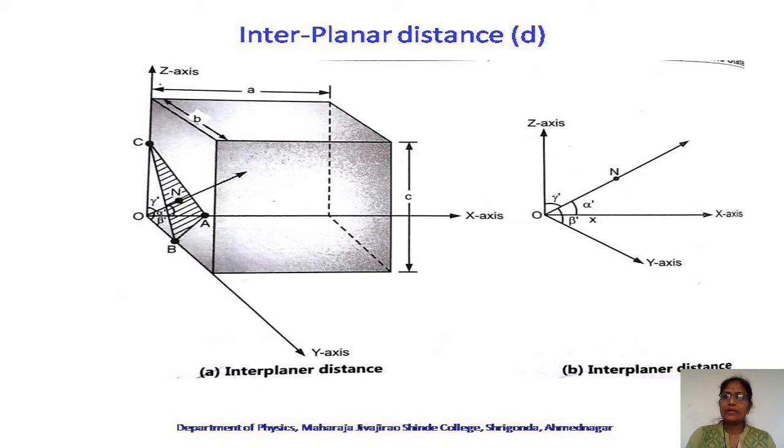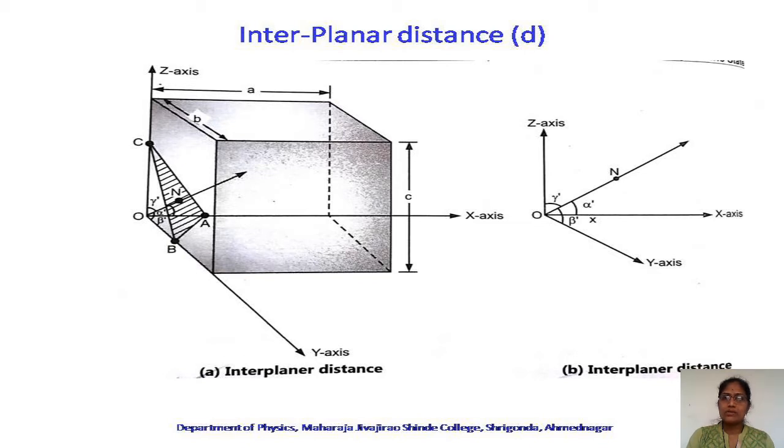Therefore, its Miller index will be hkl. That is, it will divide the lattice parameter a along the x-axis into h equal segments, along the y-axis into k equal segments, and along the z-axis it will divide the lattice parameter into l equal segments.